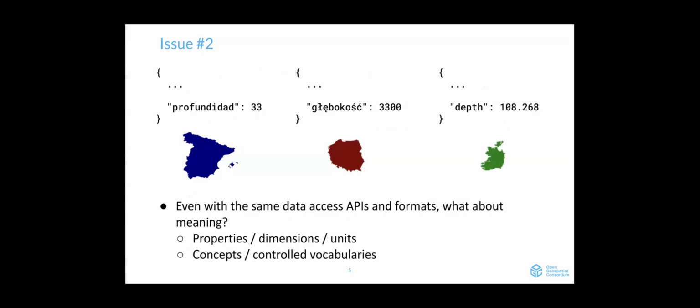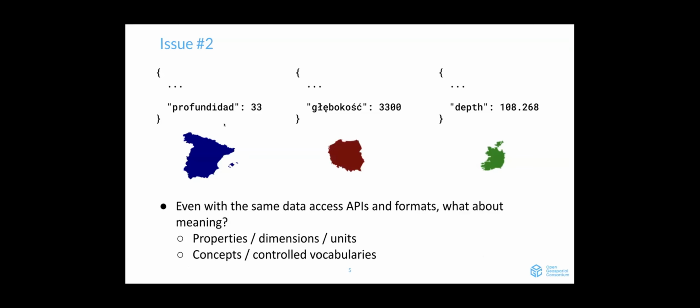But then comes issue number 2, right? We're dealing with data from 3 different countries with different languages, different traditions even, right? So for example, once our researcher retrieves data, in this case, JSON data, from those 3 different countries, they encountered these results.